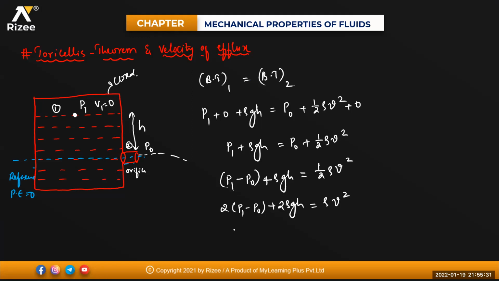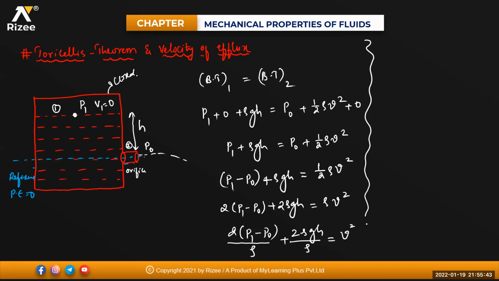So this will become 2 into P1 minus P0 divided by rho, plus 2 rho g into h divided by rho, is equal to v square, isn't it? So this rho will get cancelled here.